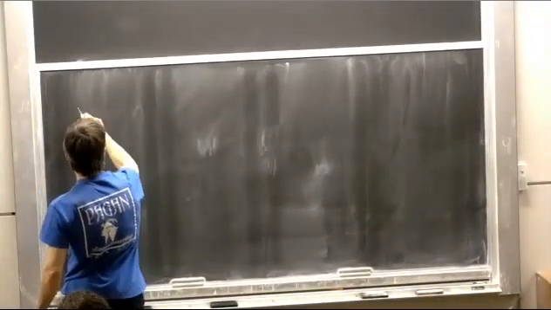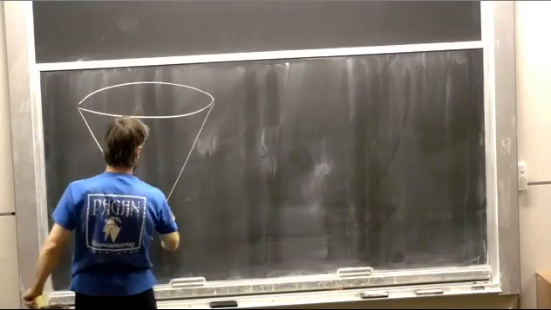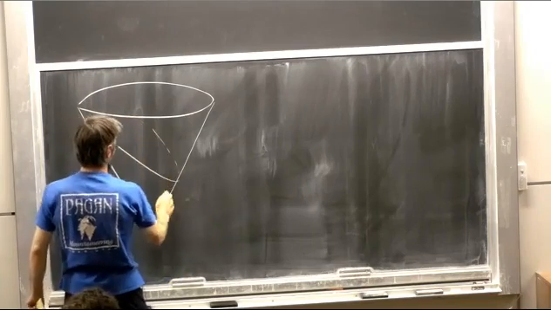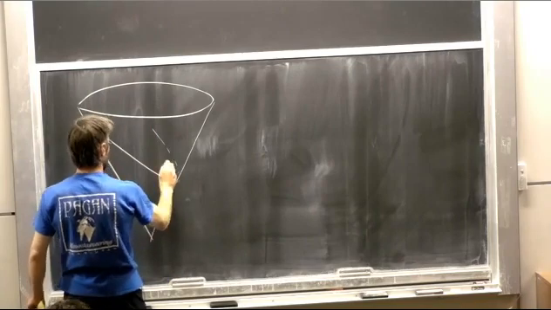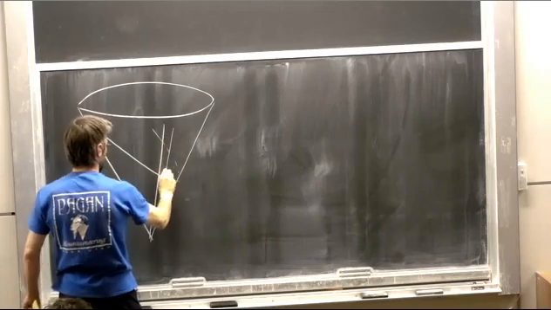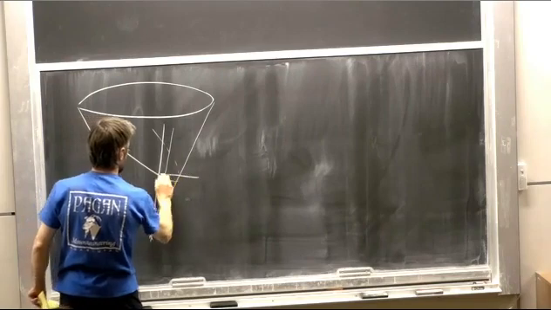So let me make another picture, which I'm going to use to compute the transformation of the metric. So this is my section. So this is the point x. And now I'm going to take two nearby light rays, which are separated by some dx.